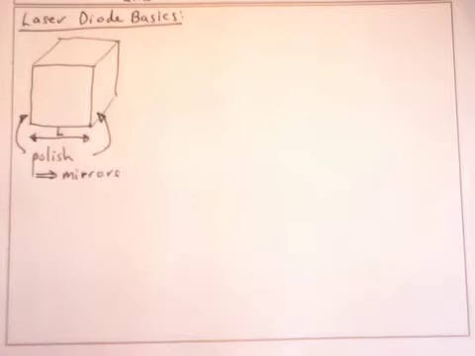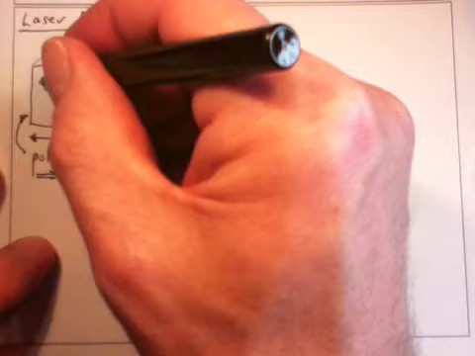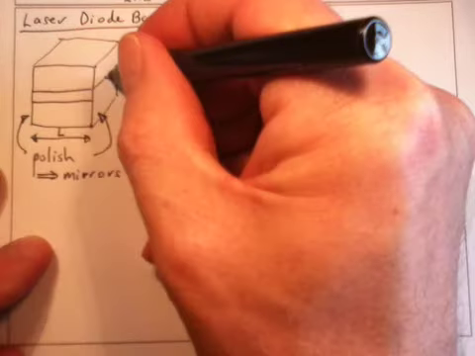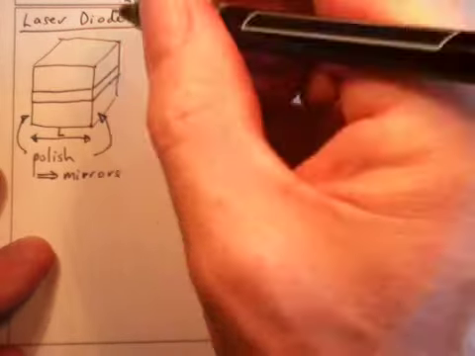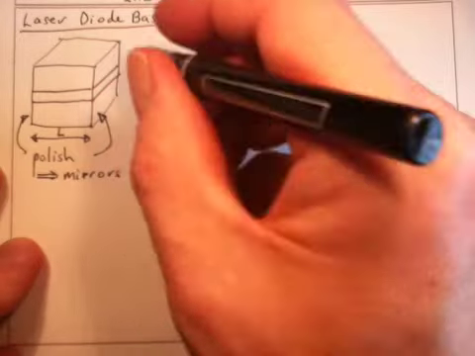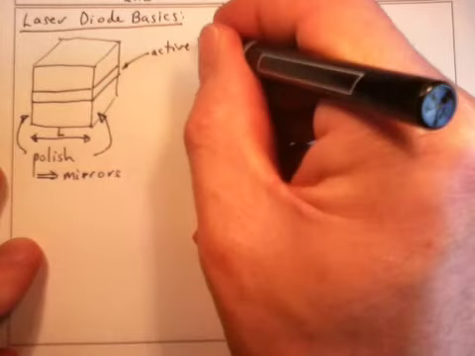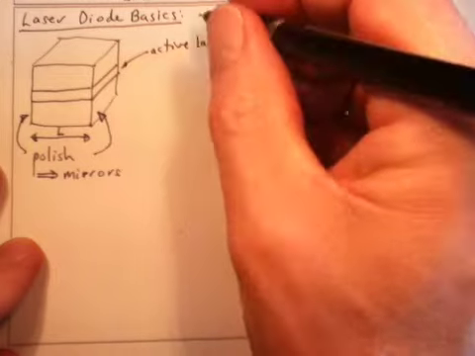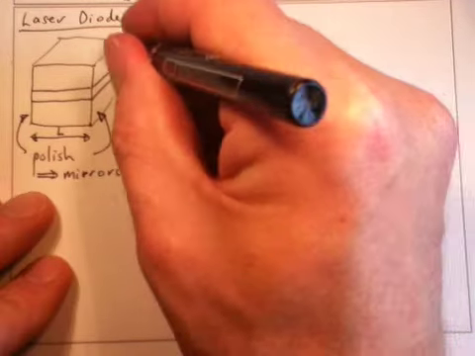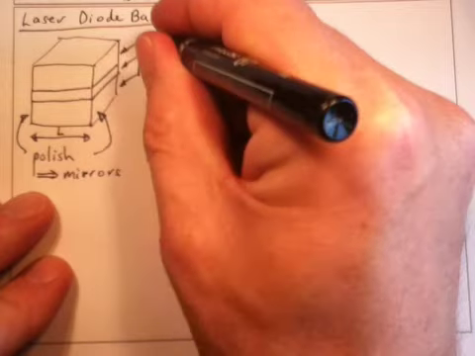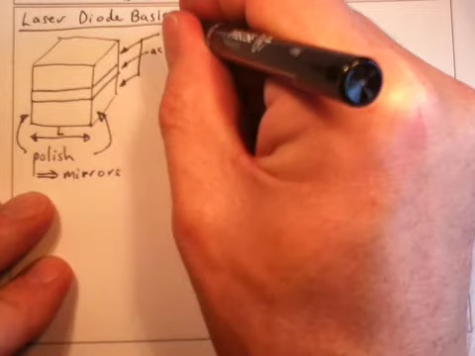Now what we need to do is somehow get our active gain medium here, and what we're going to do is have a multi-layer stack, and in this multi-layer stack we're going to have our active layer, but we're going to surround it by layers with higher refractive index, which are called confinement layers.